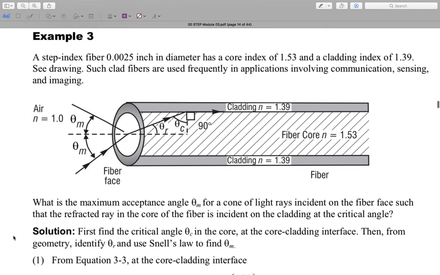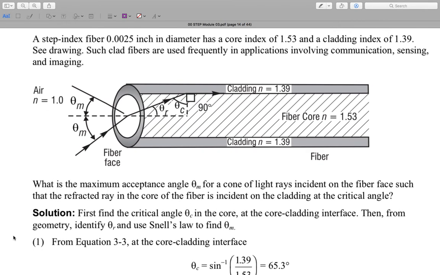The solution is first finding the critical angle theta c in the core at the core cladding interface. Then from geometry, identify theta r and use Snell's law to find theta m.